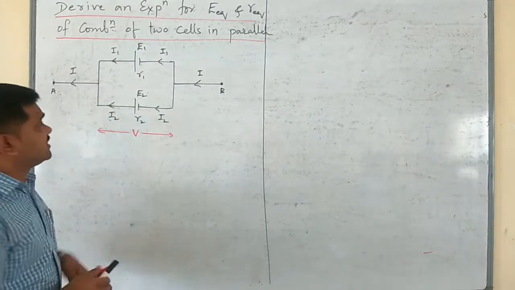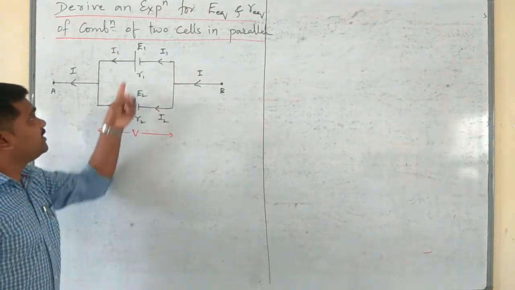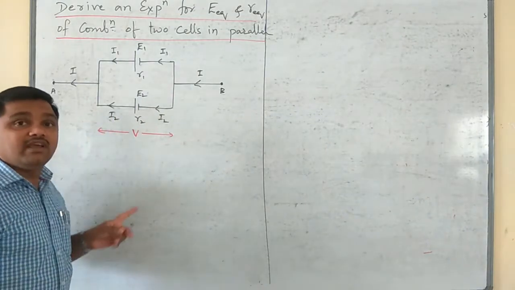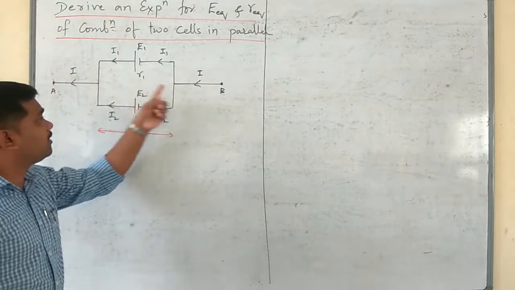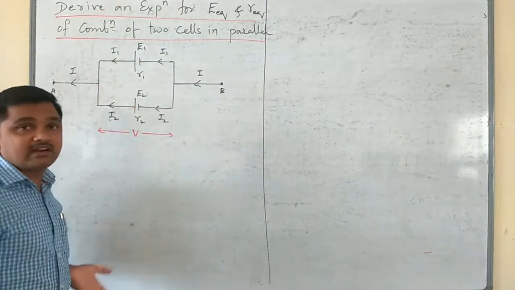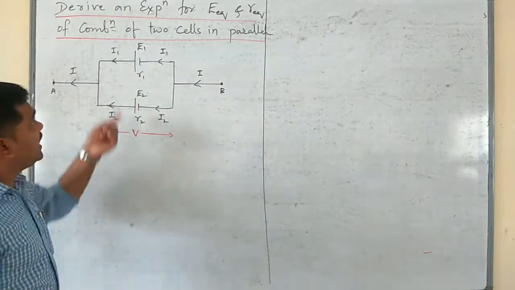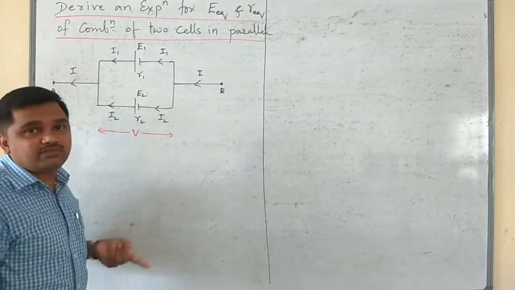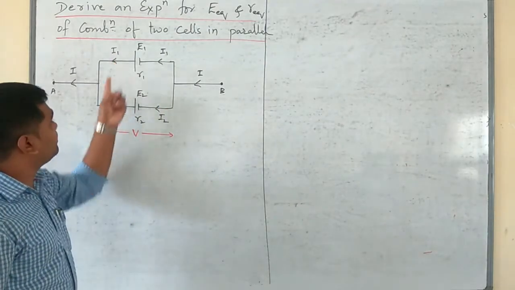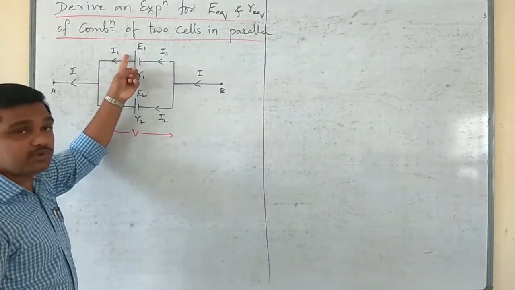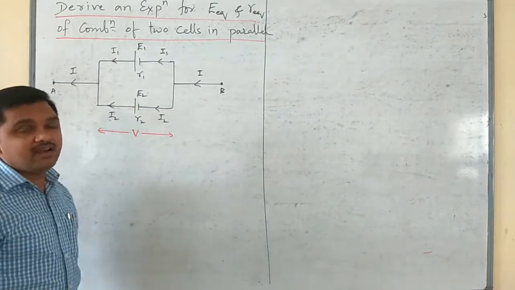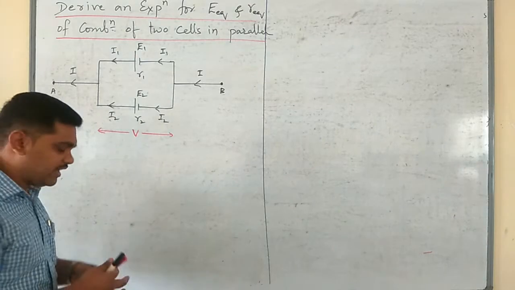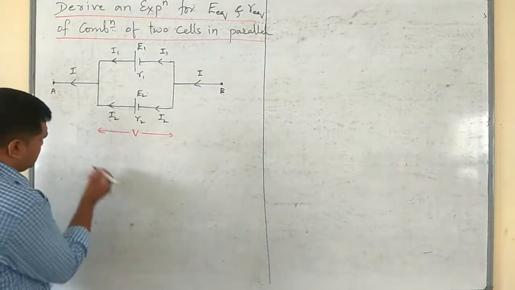Now, let us consider two cells having EMFs E1 and E2, internal resistances R1 and R2 respectively, connected between two common points A and B. Let I be the total current flowing through the circuit, and I1 and I2 the currents through the cells having EMFs E1 and E2 respectively.